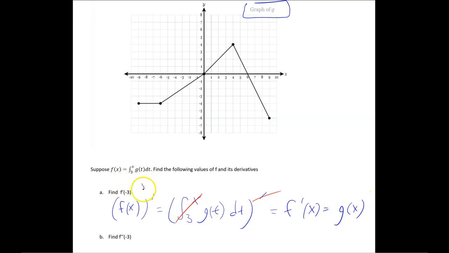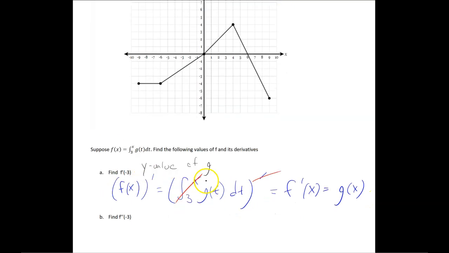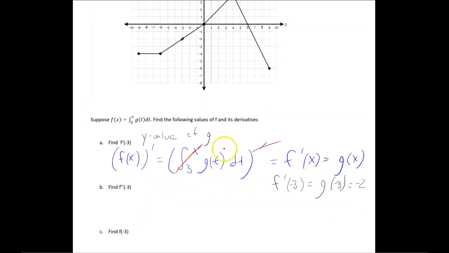So in other words, this is just asking you for the y value, right? So f prime of 3 is equal to g of 3 is equal to, and then by that same logic, if we have f double prime, well, that's the same as g prime of -3, right? And g prime of -3, well, that's going to be the slope, which would be rise over run.